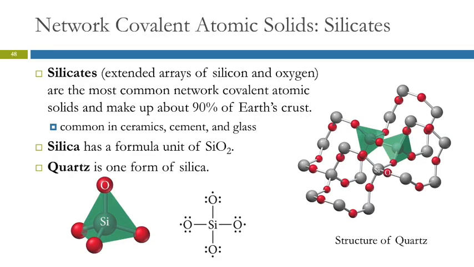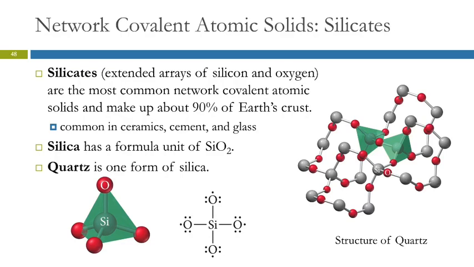Why are they SiO2 but not SiO4? Because overall the ratio is 2 oxygens for every 1 silicon. What you don't see is this goes on, here's another silicon and then another oxygen. So each of the silicons is bonded to 4 oxygens, each oxygen is bonded to 2 silicons. And so it is a ratio of 2 to 1.